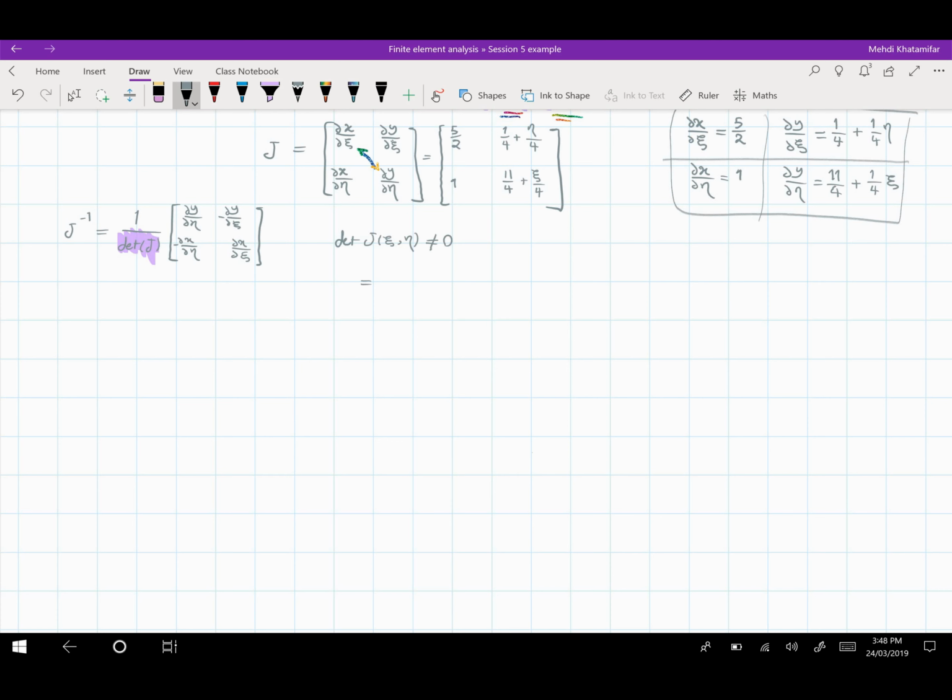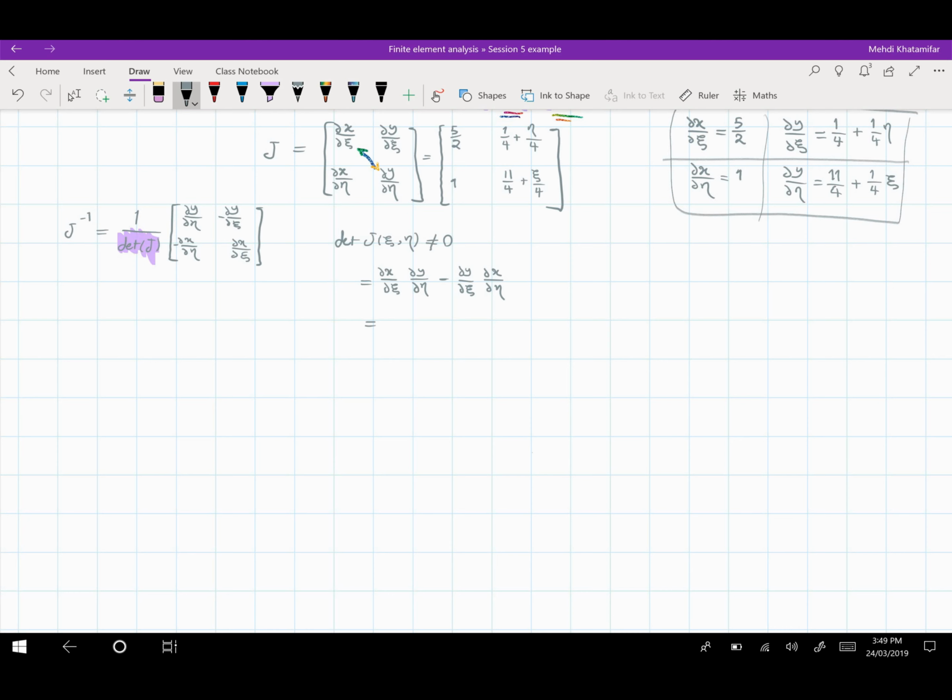So that value is going to be dx d psi times dy d eta, minus the other two multiplied to each other, dy d psi times dx d eta.